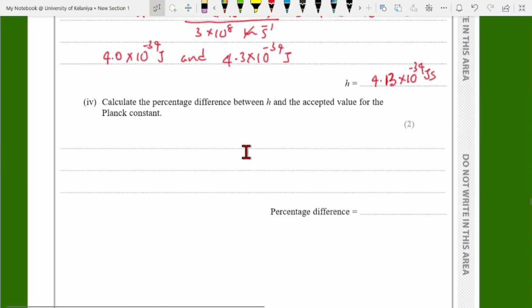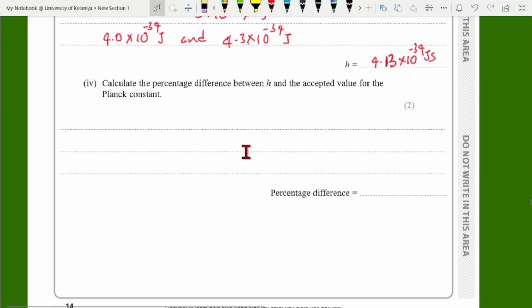Here they are asking us to calculate the percentage difference between the accepted value of h and this value, right? How can we do that? I hope you remember we have done it in the previous questions.